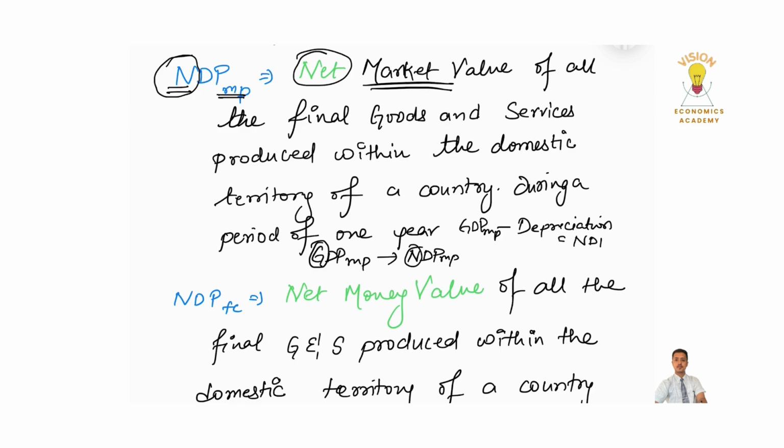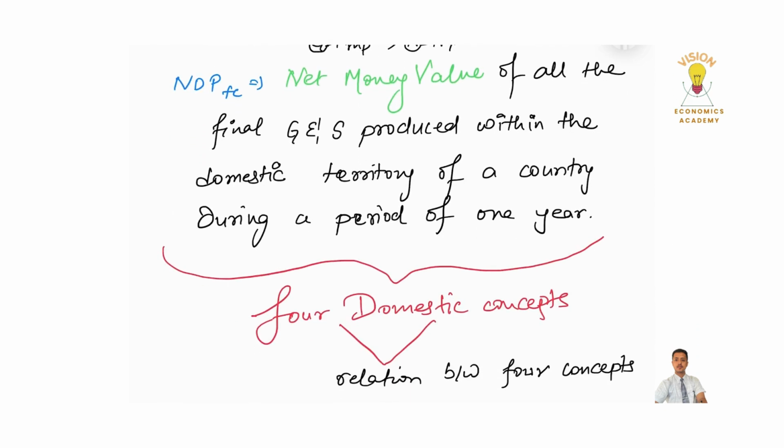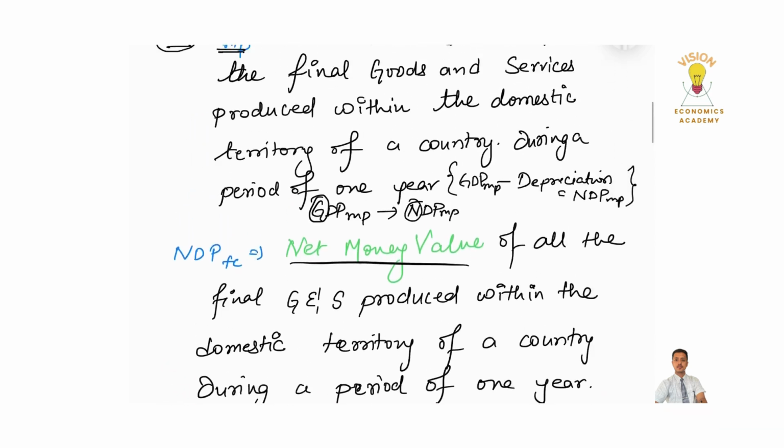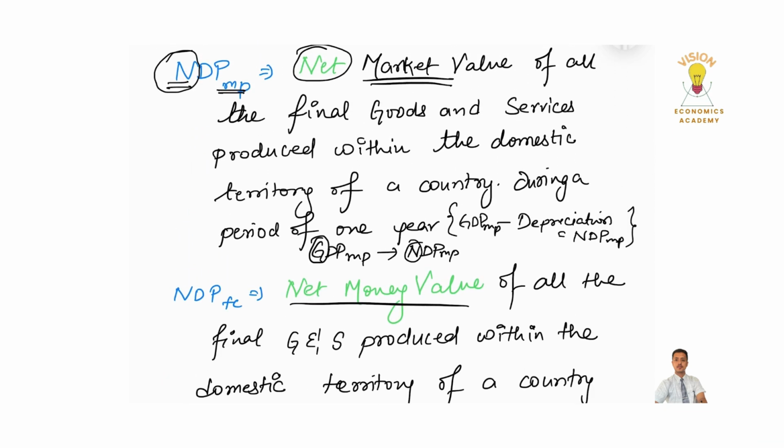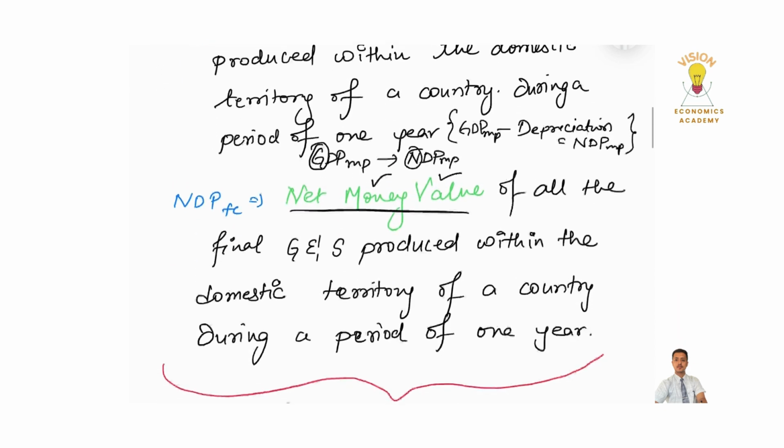All right. Now, NDPFC is again net money value. The difference is money value here, right? Whenever there is factor cost, there is money value. Whenever there is market price, there is market value.